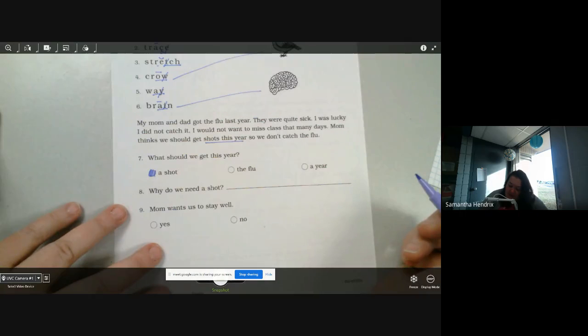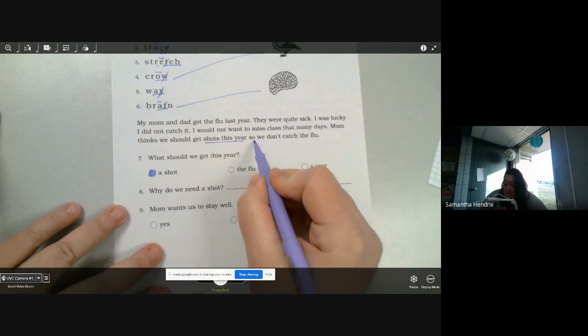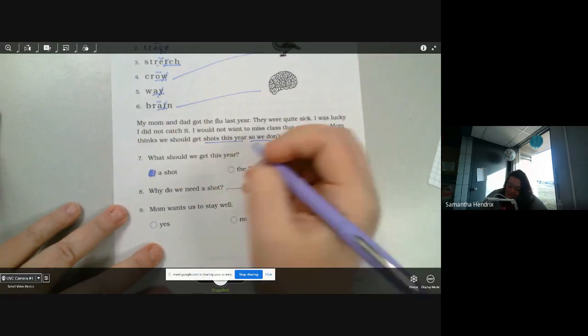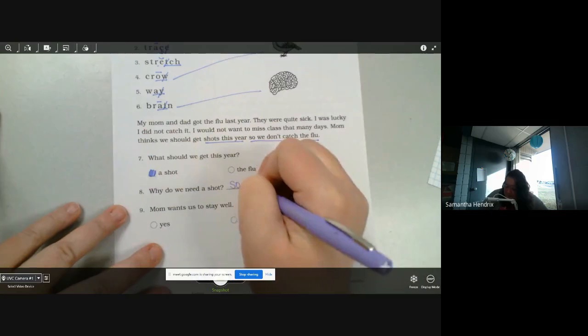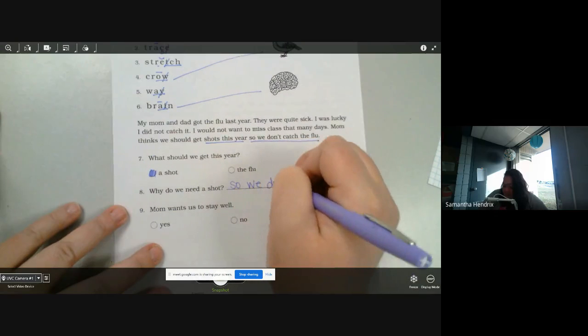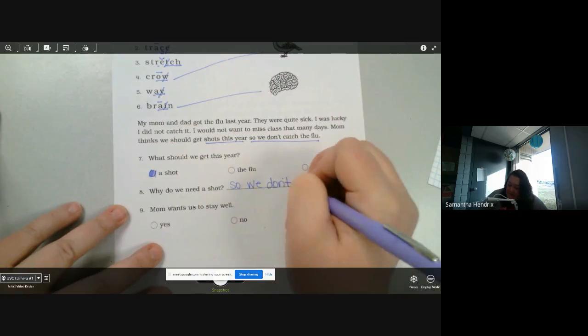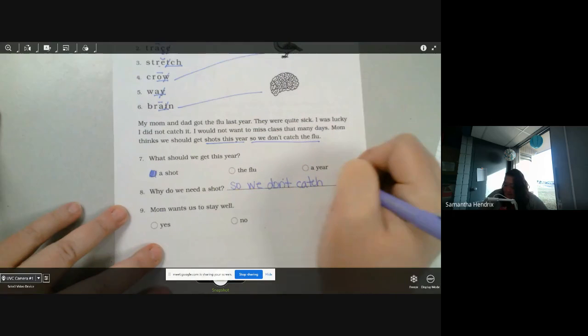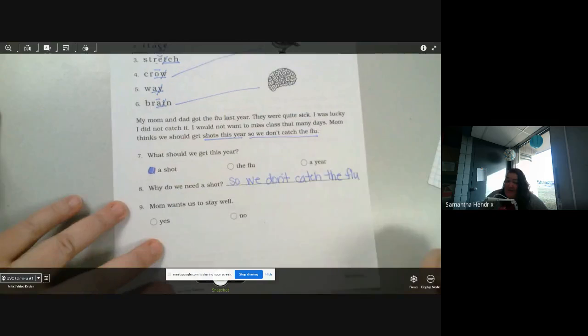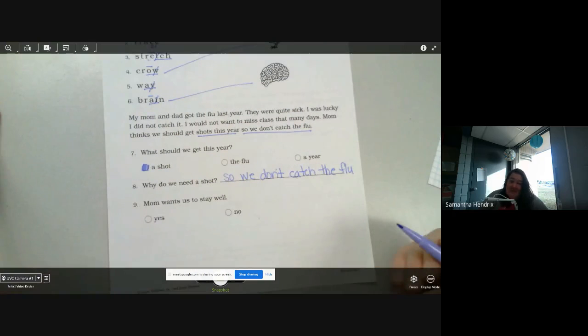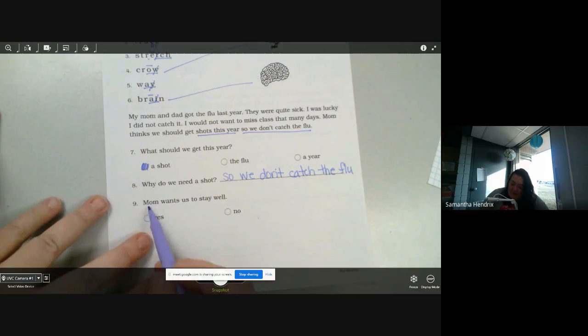Had to find it. We should get shots this year. Why do we need a shot? Right here, so we don't catch the flu. I was trying to think if I got the flu shot or not, but I did. Typically, if I don't get the flu shot, then I get the flu, and I don't like the flu. Mom wants us to stay well. Yeah.